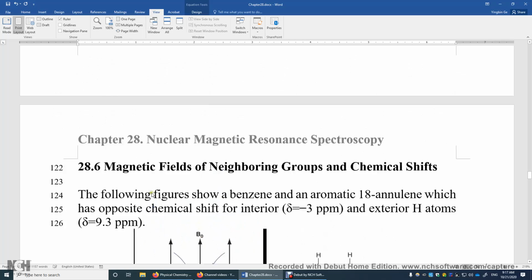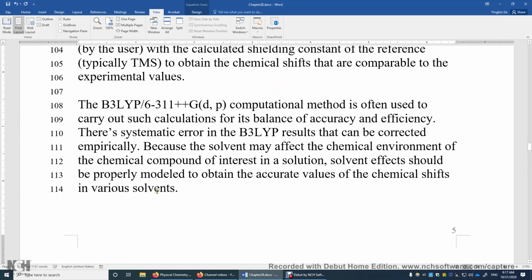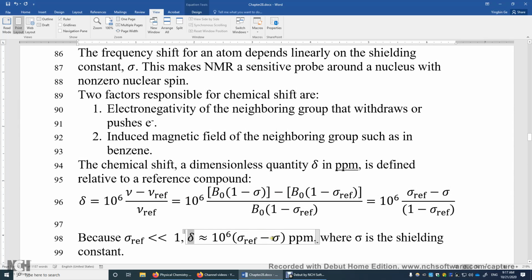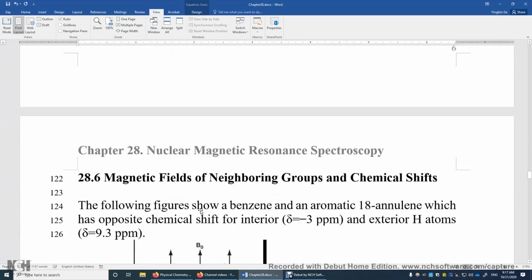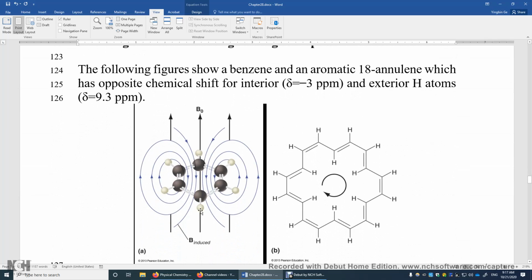And when you reduce the shielding effect, you have a larger delta. That's why the hydrogen atoms on the benzene ring have roughly 7.2 ppm in comparison with 0.0 in TMS, or maybe 1 point something for a typical alkane molecule.